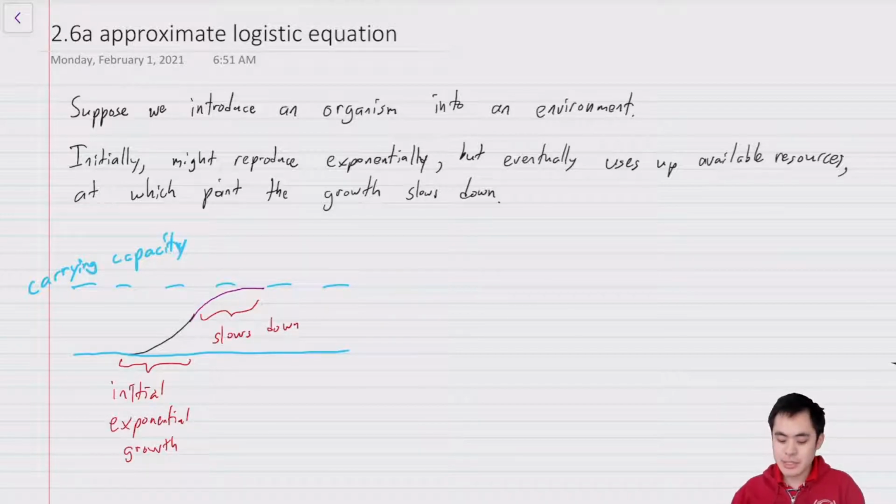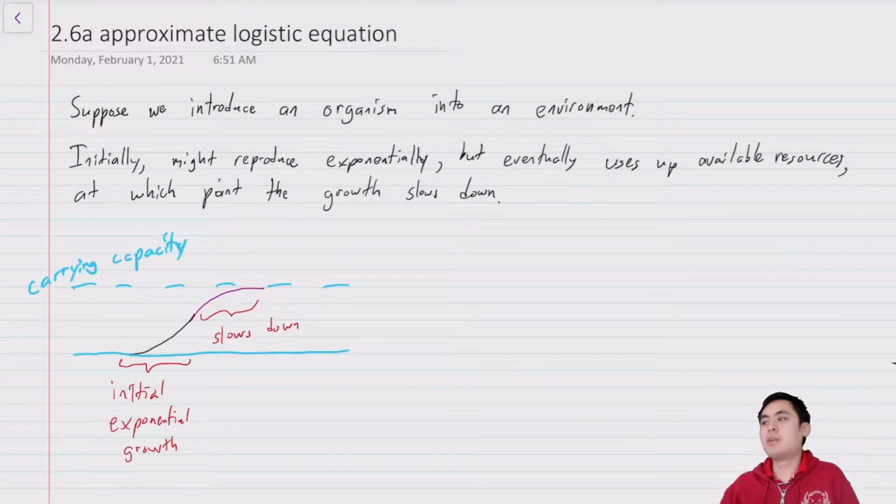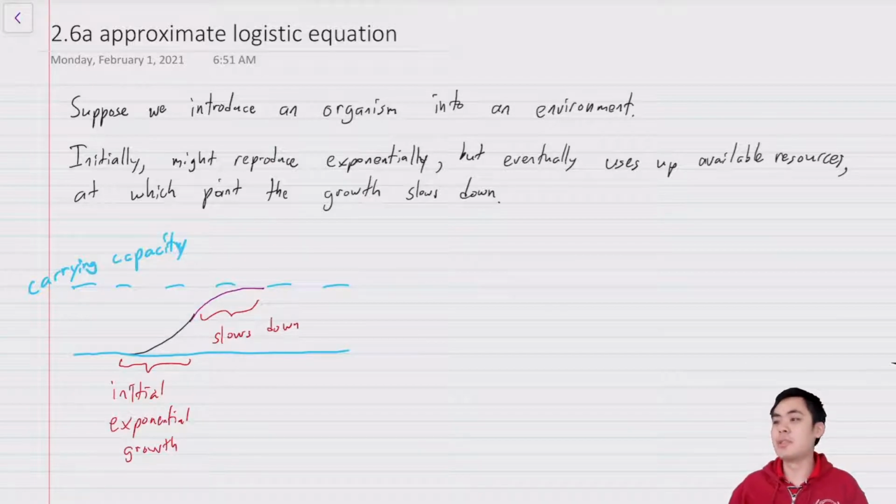So this is one thing that you might imagine being modeled by this. You could think of this as a super simple disease model, for example. If you were to introduce some new respiratory disease into a population that has no resistance to it, well, initially you might reproduce exponentially, and then as time goes on, you might start running out of available hosts, and then it starts slowing down.